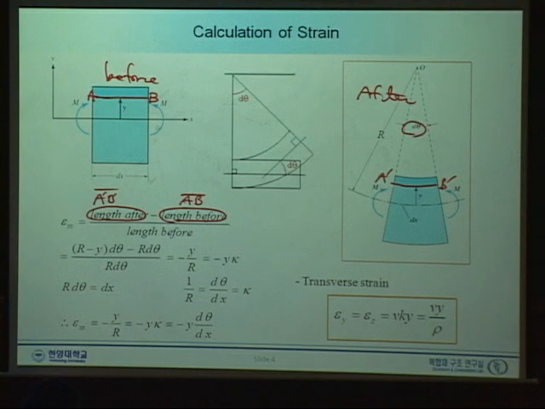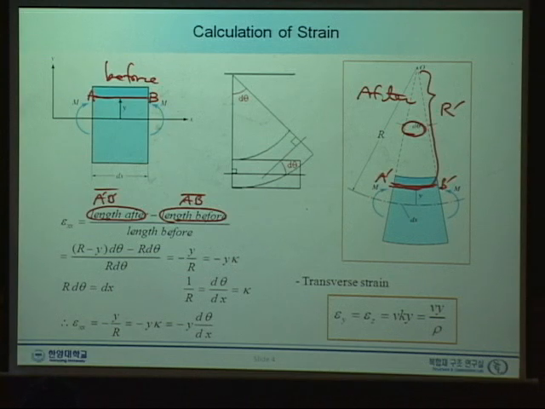So back to here. What is the length after deformation? Well, simply this is d theta, and this length is simply this radius times d theta, right?